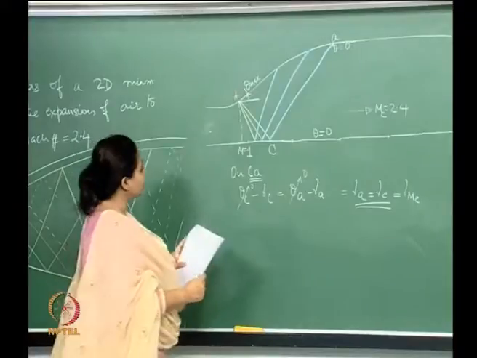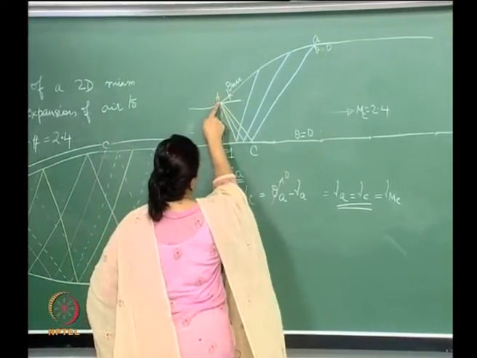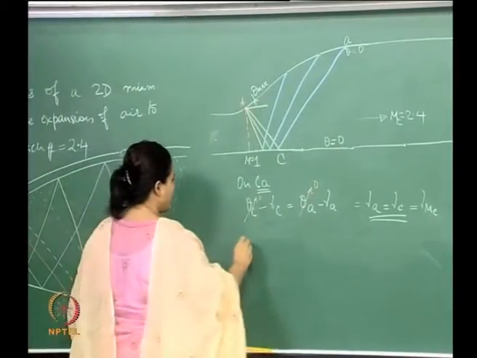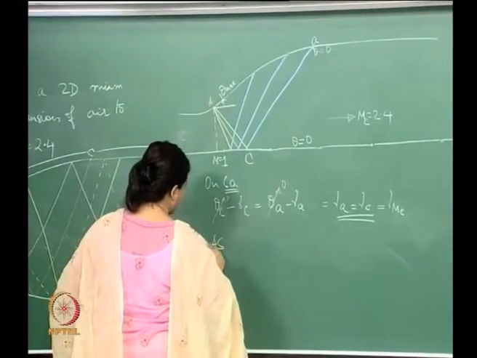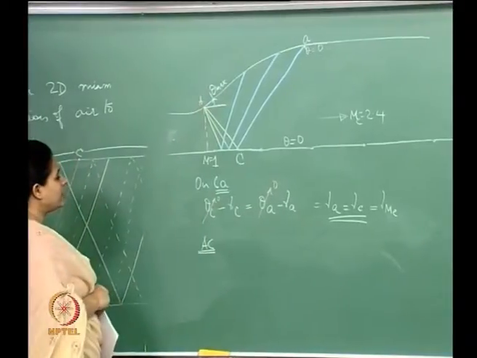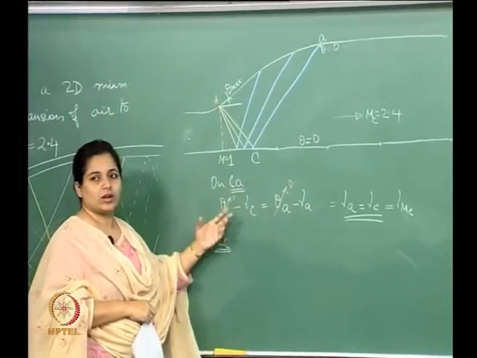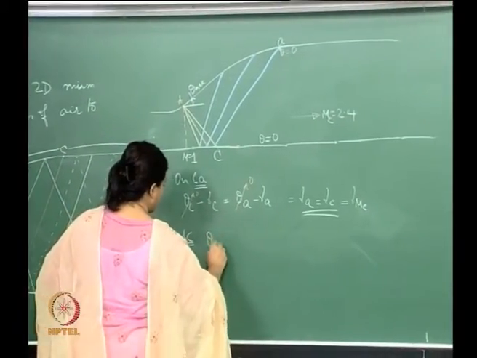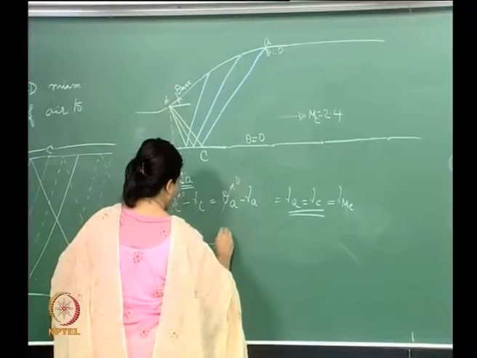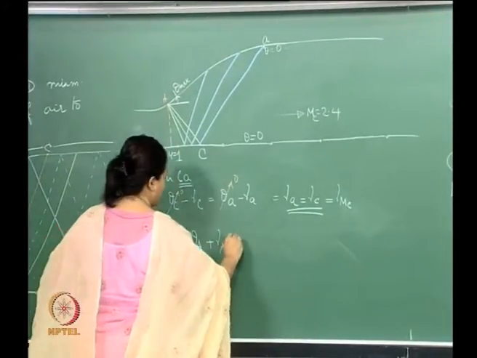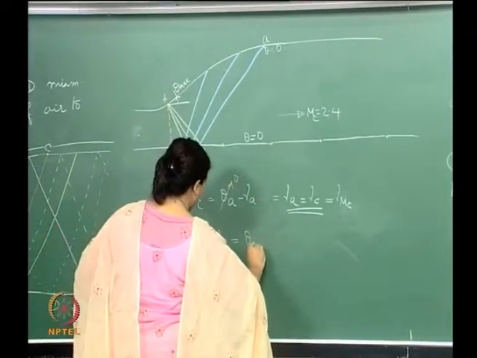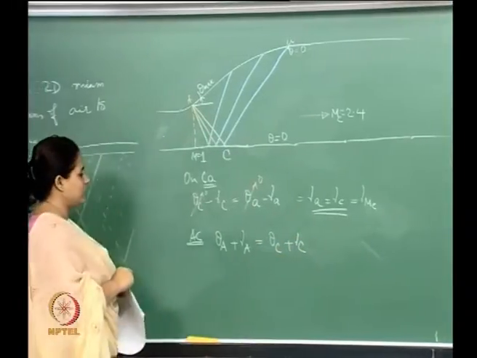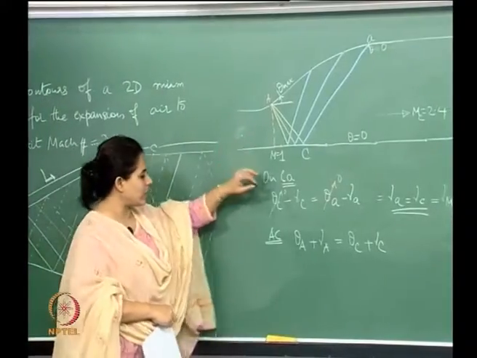Now let us look at, for example, AC, which is a left running characteristic. If I look at AC and again apply the compatibility equation here, what we get is theta a plus nu a is equal to theta c plus nu c.